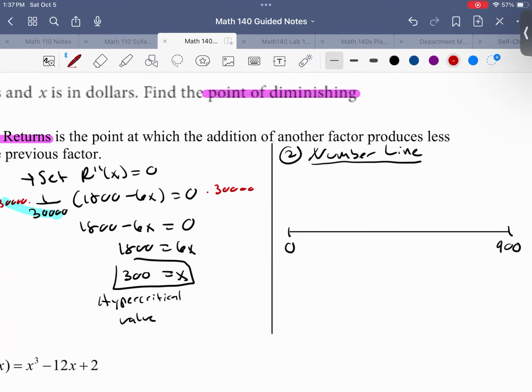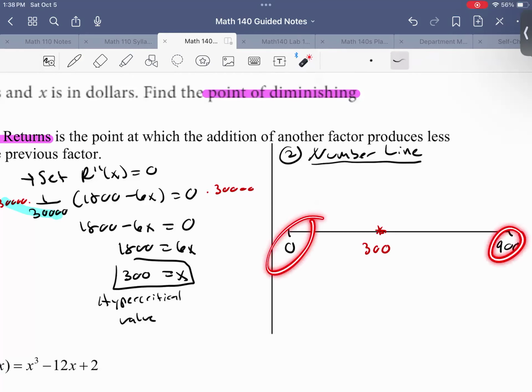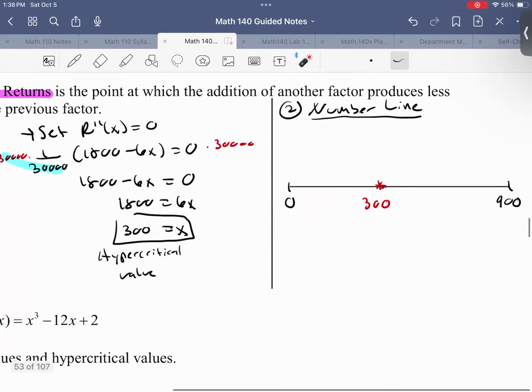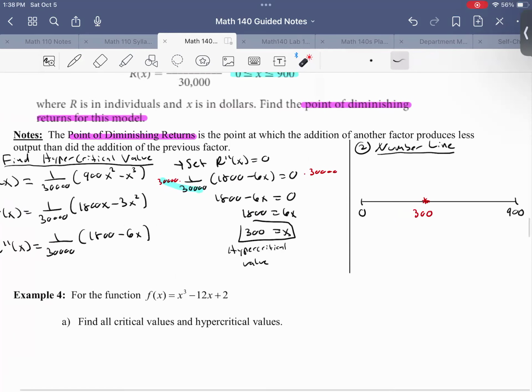And then right here we have our hypercritical value, which is 300. So you just want to test out these points to see whether it's concave up, concave down, right? So we have to plug those into our second derivative.